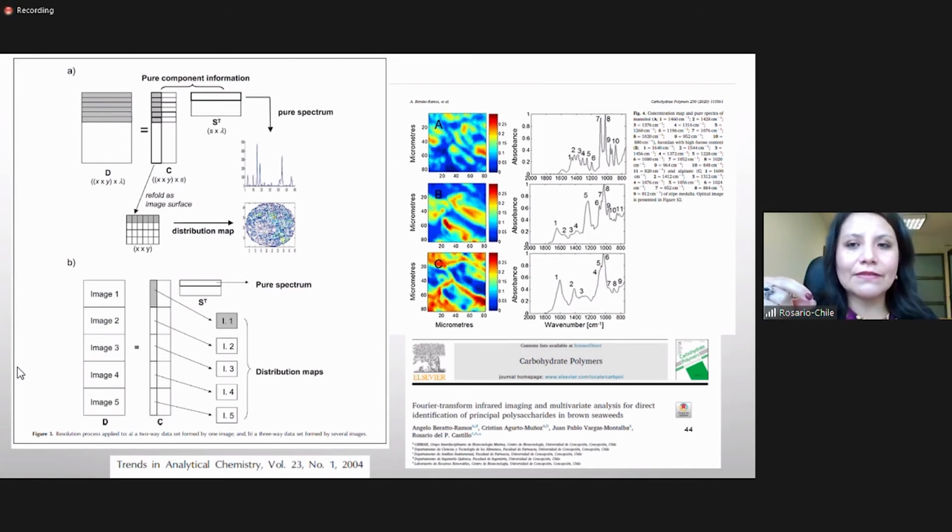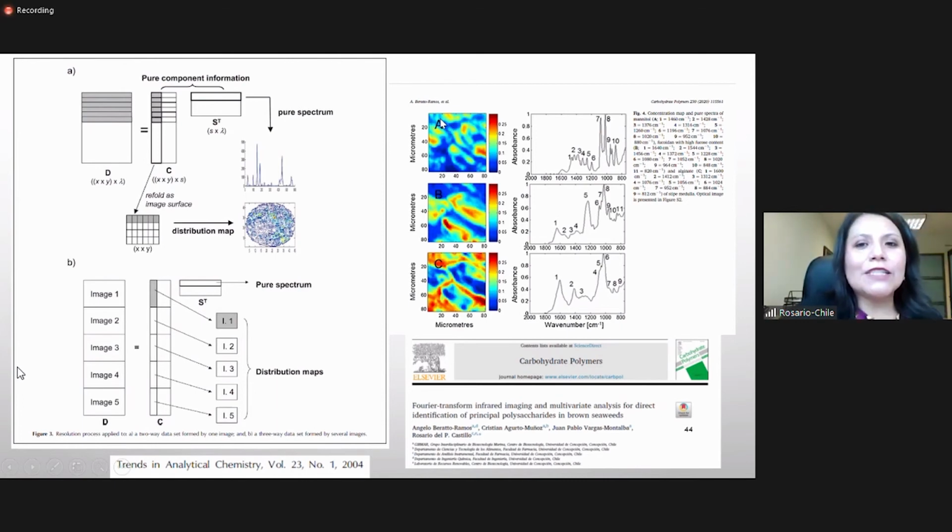We talked about point-to-point scanning, which is very tedious and slow, but we can also use another kind of detector, a linear or focal plane array of detectors, and obtain an image, and each pixel will have an associated spectrum, okay?